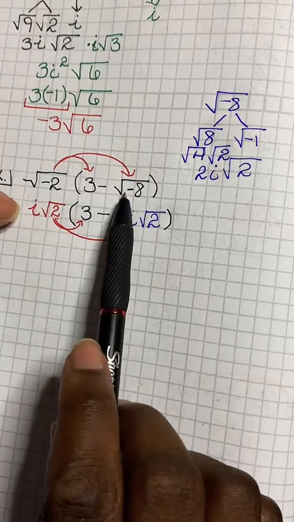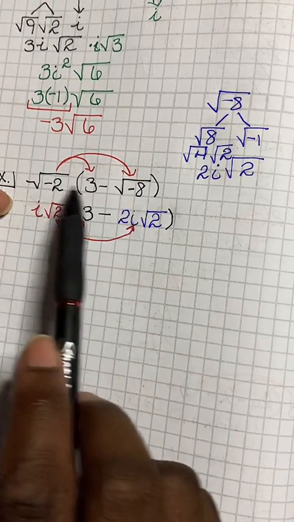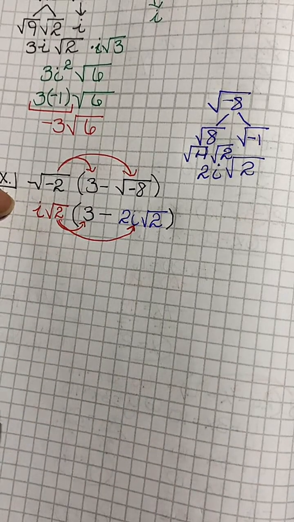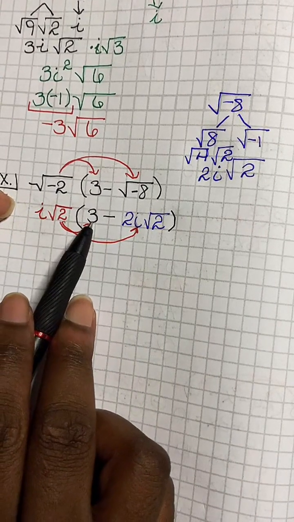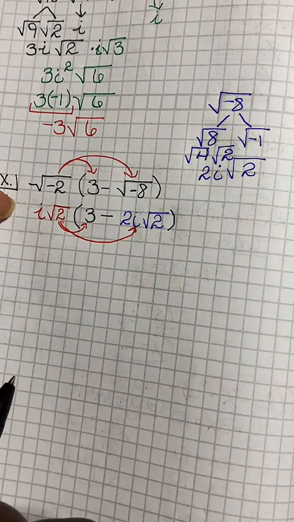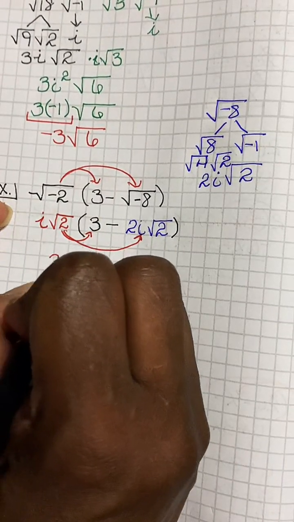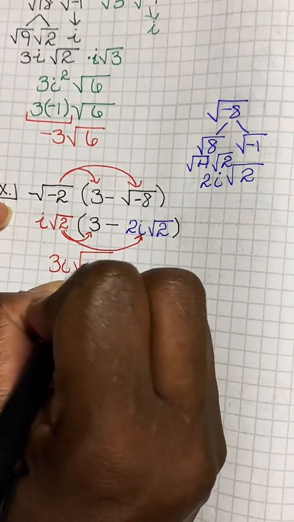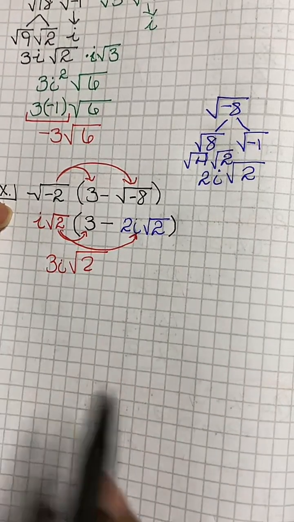But we need to respect the negatives underneath those radicals. So now, multiply whole number with whole number, radical with radical. So this is going to give us 3i, okay, with the square root of 2.